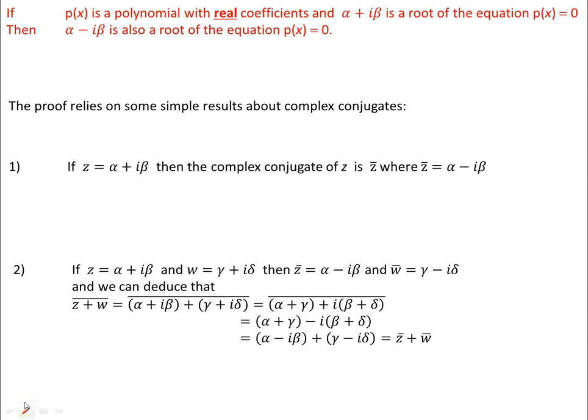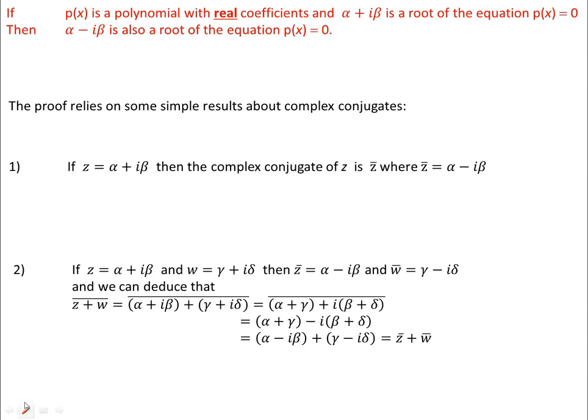The second result simply says that the complex conjugate of z plus w is the same thing as the complex conjugate of z plus the complex conjugate of w. And the proof of this is displayed on screen at the moment and simply goes through the process of saying, okay, let z equal alpha plus i beta and w equal gamma plus i delta.